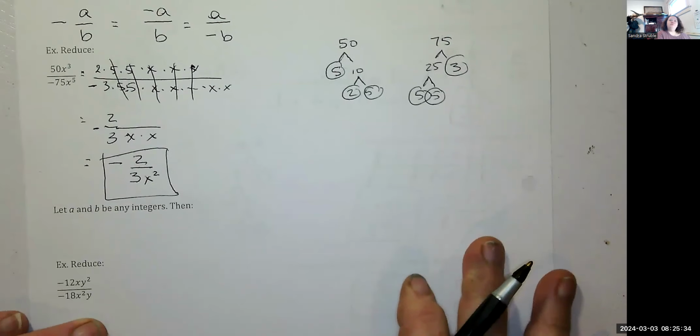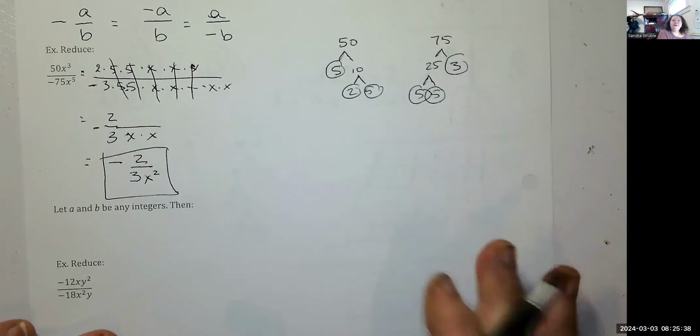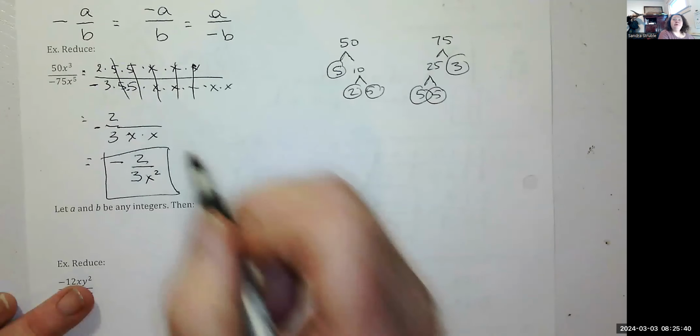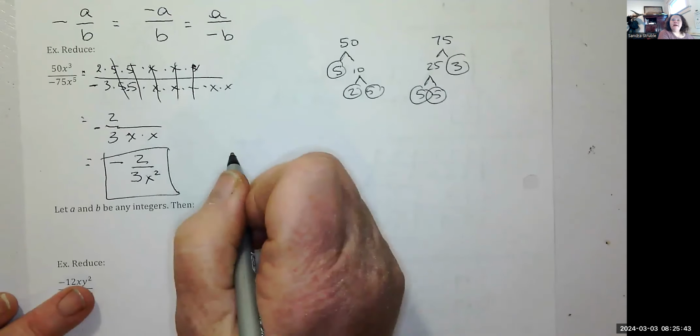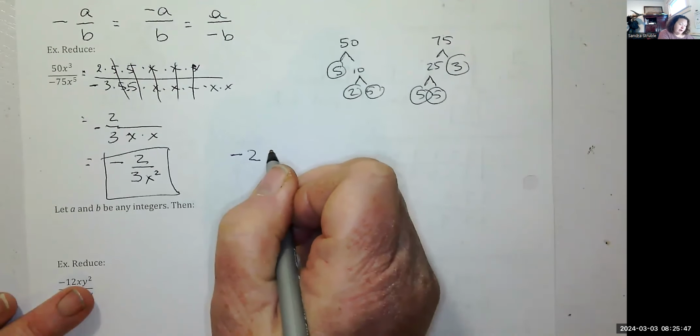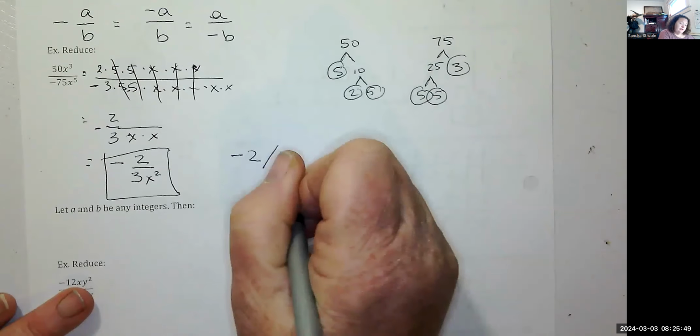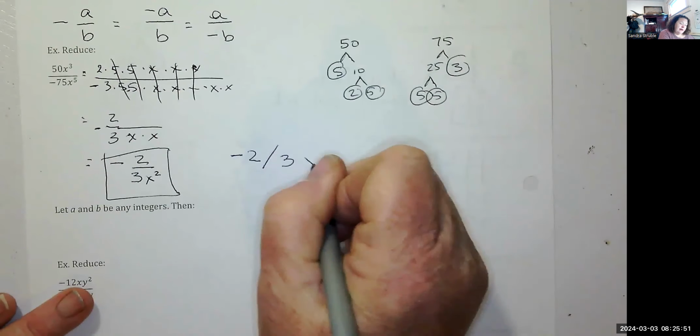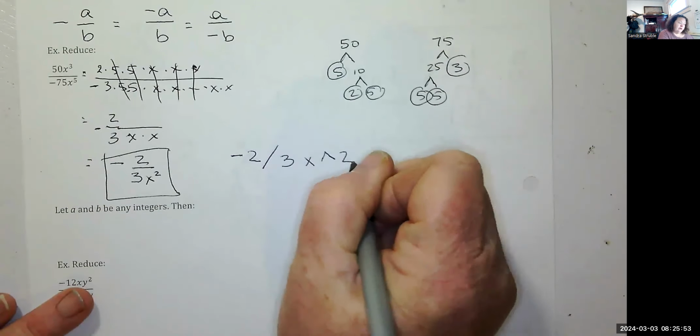When you're putting this into MyOpenMath, you've got to be really careful, because many of you are going to want to say -2 divided by 3x squared.